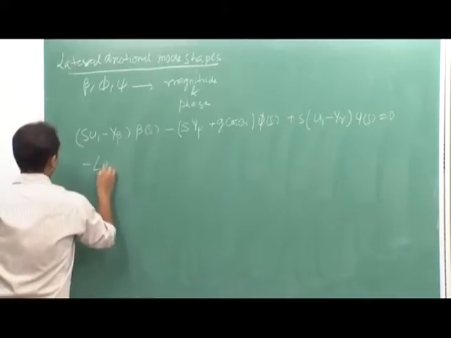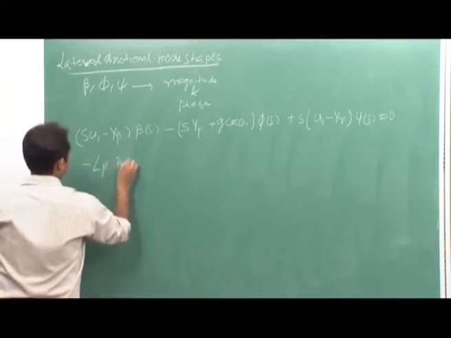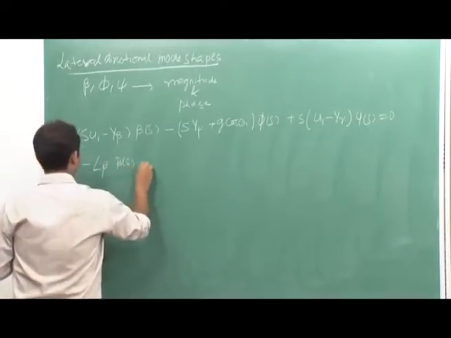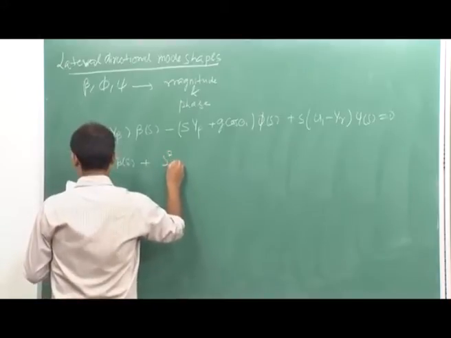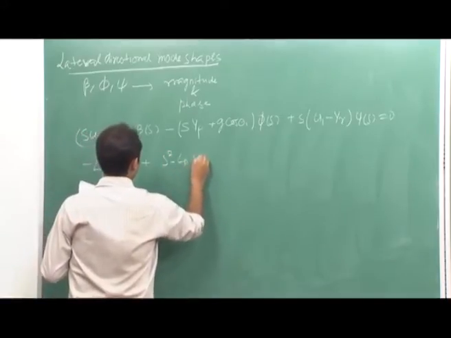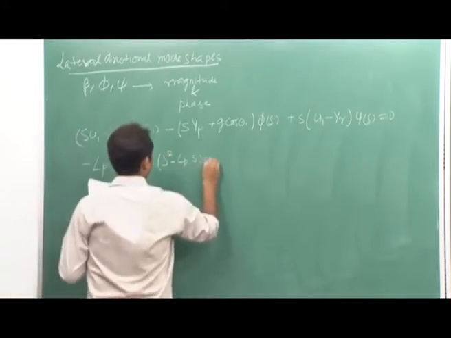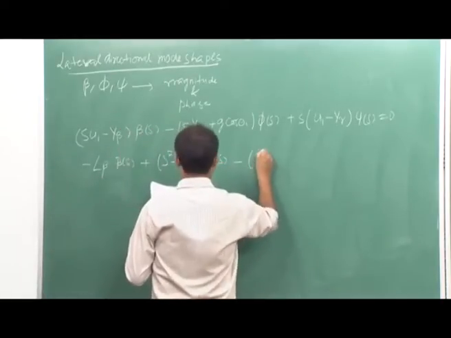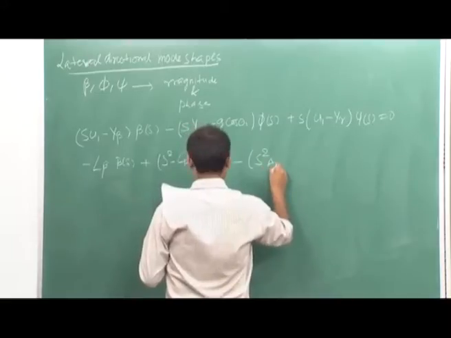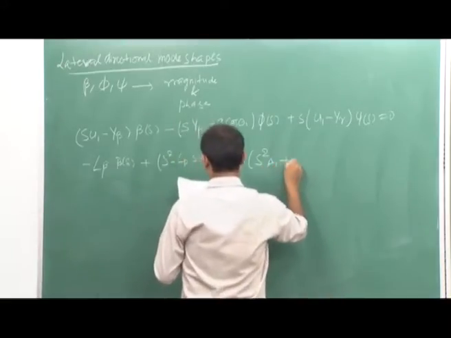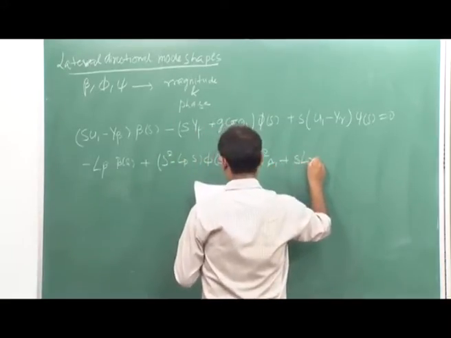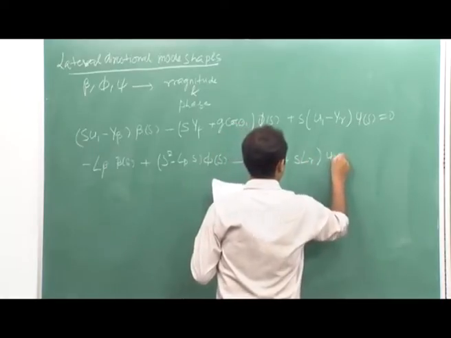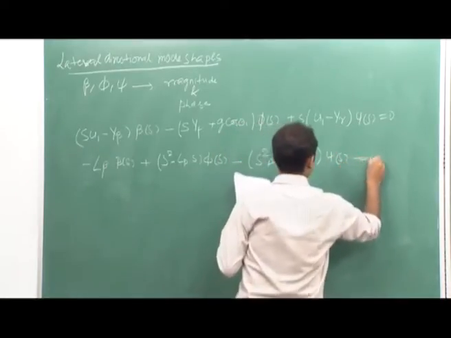Minus L_beta into beta of s, plus (s square minus L_p s) into phi of s, minus (s square A1 plus s L_r) into psi of s equals 0.